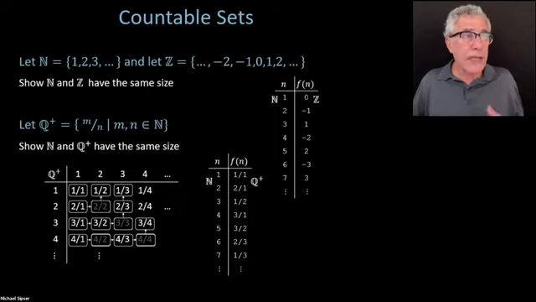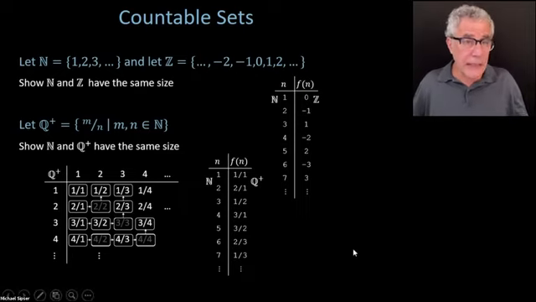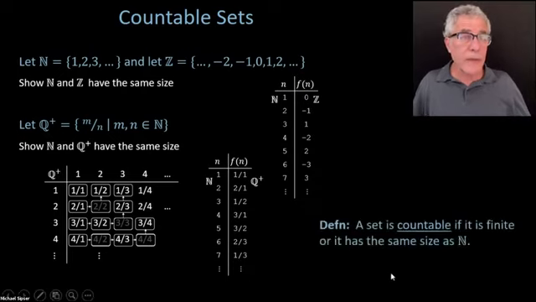So it pairs up each of the natural numbers with each of the positive rational numbers. They each get their own mate, in a sense. And so that shows that the rational numbers, despite the fact that they're dense and seem much bigger, from this perspective of the sizes of sets, have the same size as the natural numbers do.